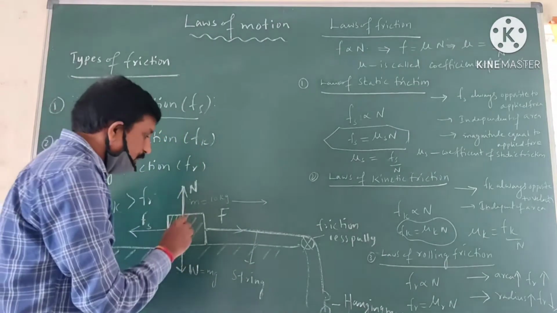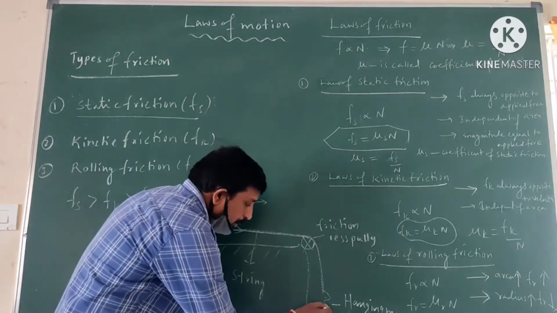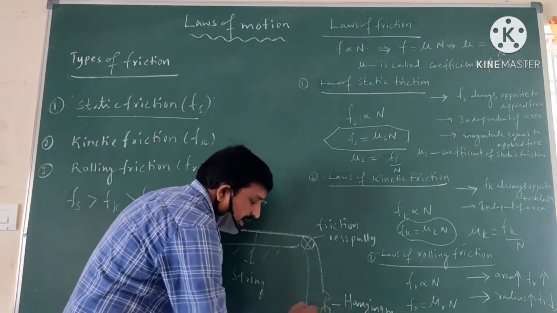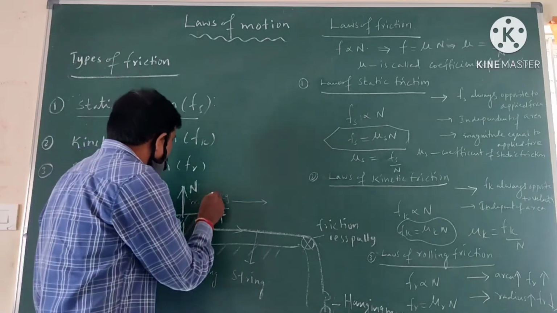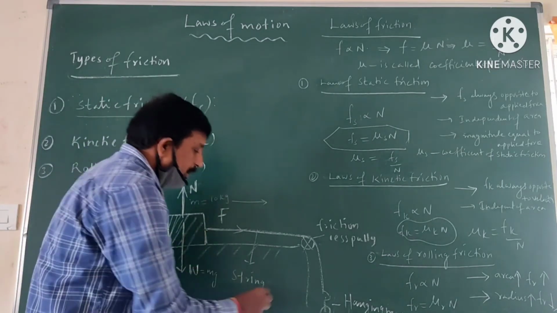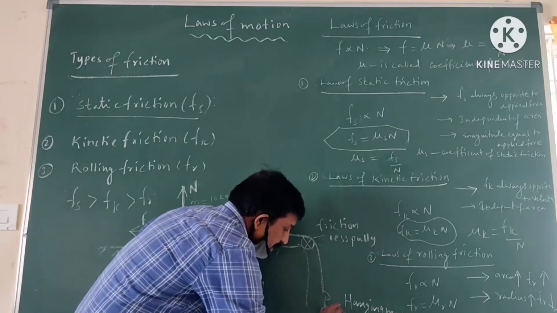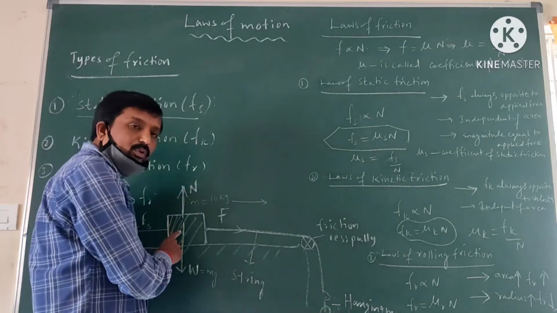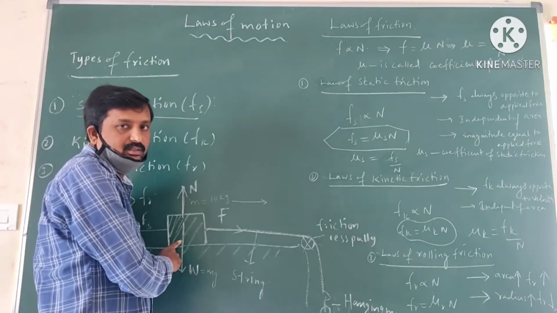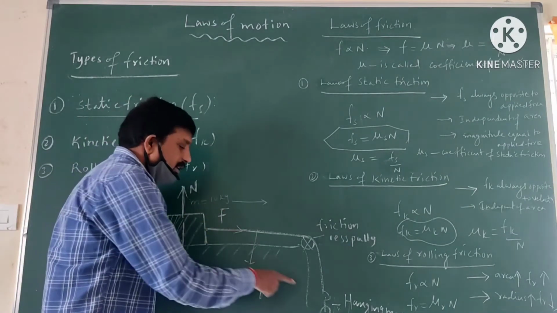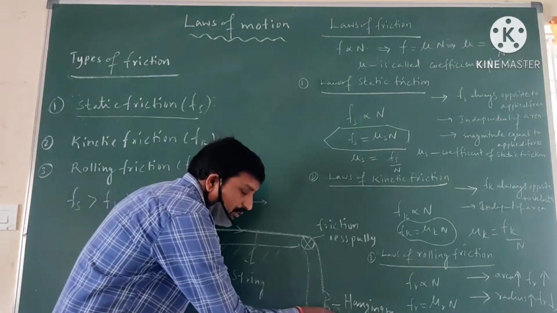Okay, so now I am increasing the hanging mass gradually. The mass of the body is 10 kg. Now the hanging mass is 5 kg. Will the body move on the surface? No, because the mass of the body is 10 kg and we are giving only 5 kg.